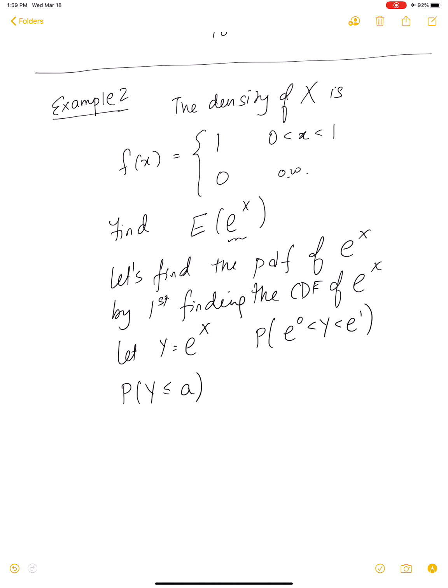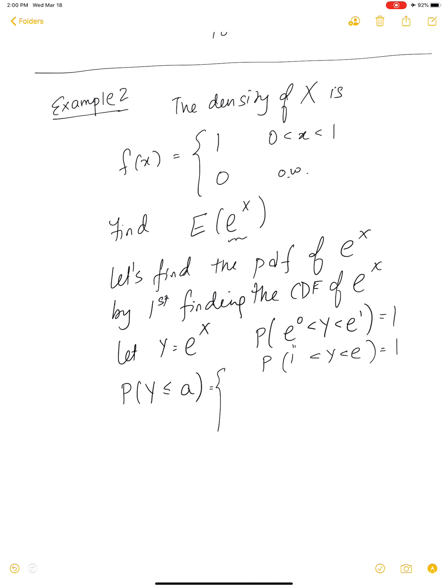So the probability y is between e to the 0 and e to the 1, that's 1. Okay, so that is 1 and e. So y is going to be between 1 and e with probability 1 because x is between 0 and 1 with probability 1. Okay, so the probability y is less than or equal to a. Well, is y ever less than 1?